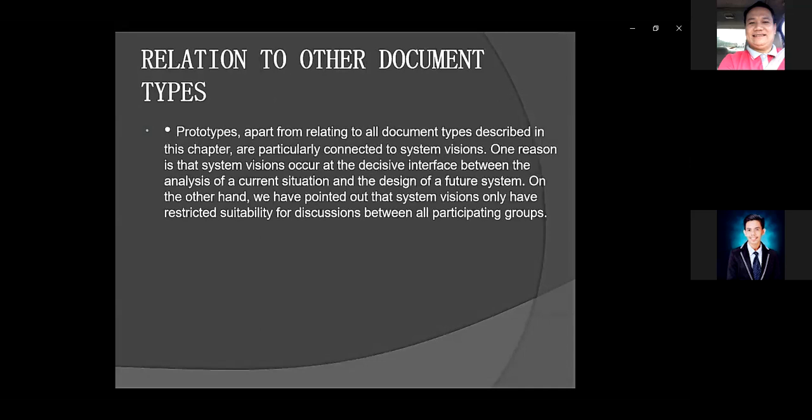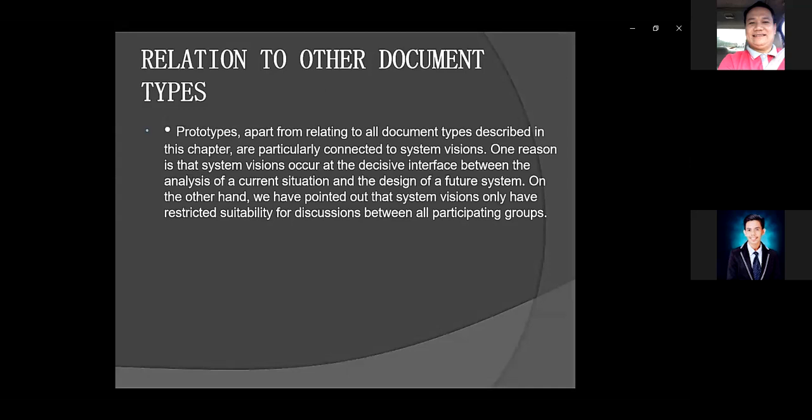Relation to other document types. Prototypes, apart from relating to all document types described in the chapter, are particularly connected to system vision. One reason is that system vision occurs at the decisive interface between the analysis of the current situation and the design of the future system.